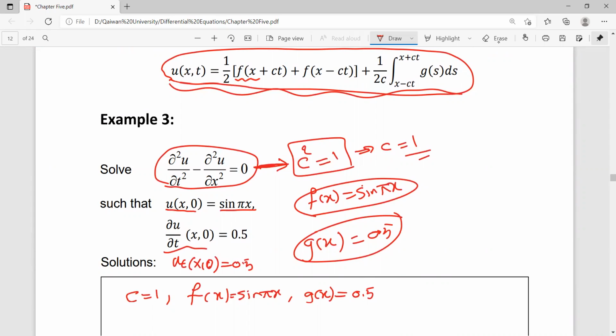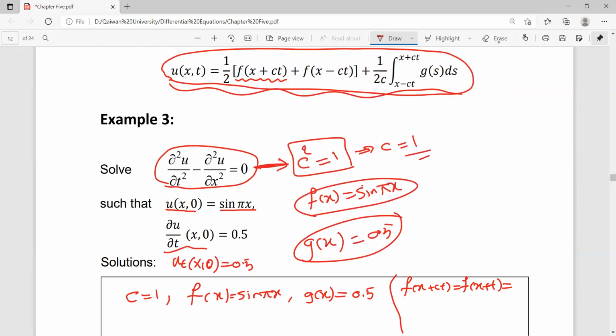We have f of x plus ct, that means x plus 1t. Here we replace each x by x plus 1t in the function f. So f of x plus ct equals f of x plus t, which is sine of x plus t times pi.